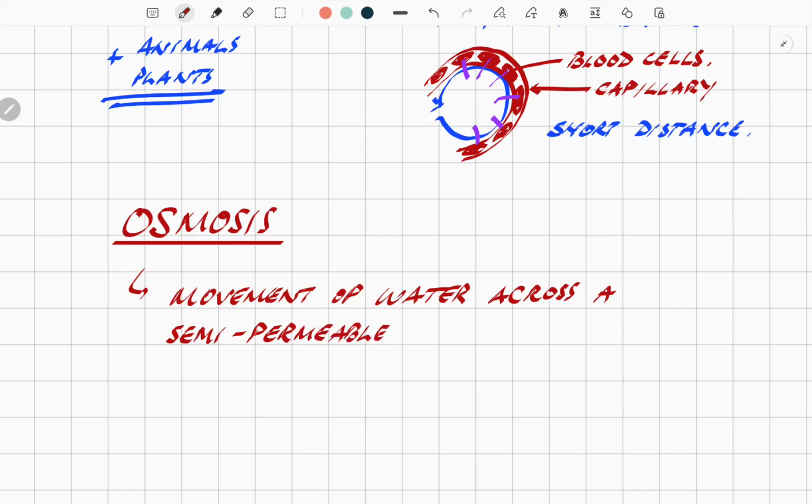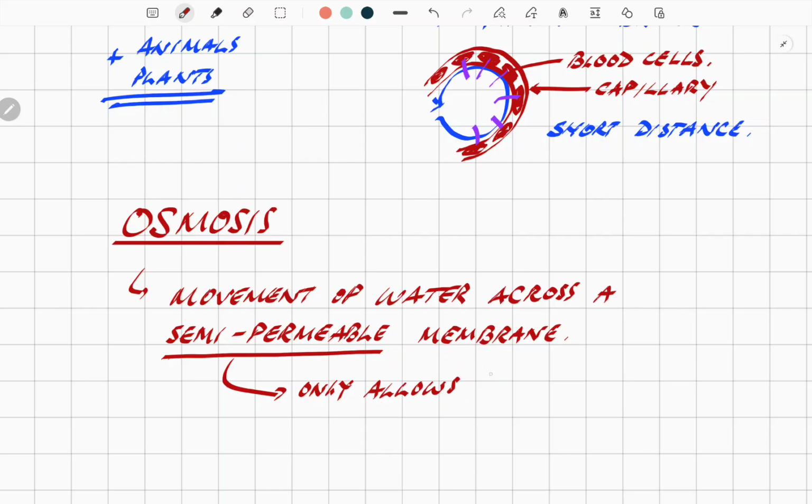Did you come across that word in your notes yet? No. All right. Semi-permeable, what that means is it only allows some substances through. So in this case, we're going to say water.